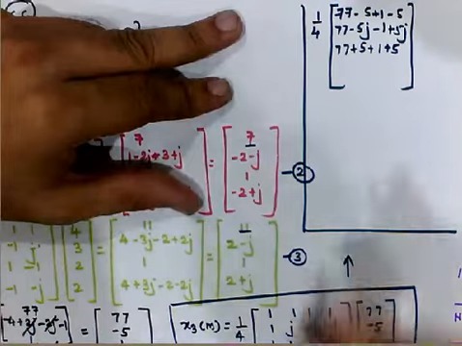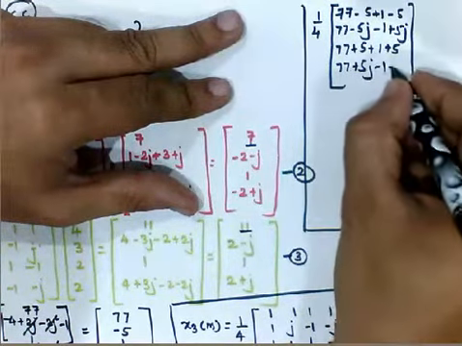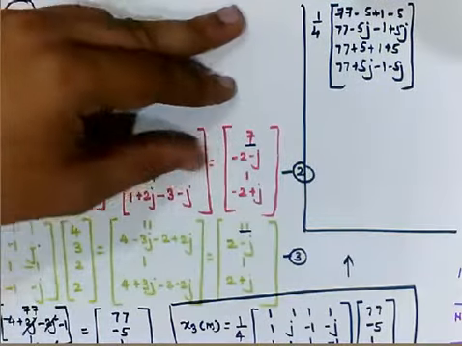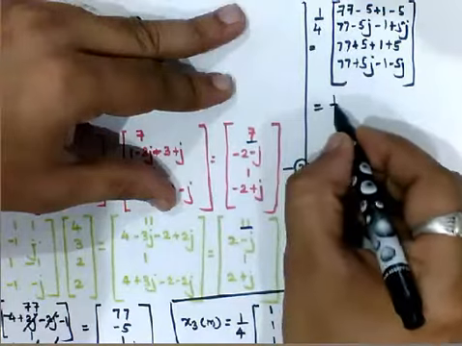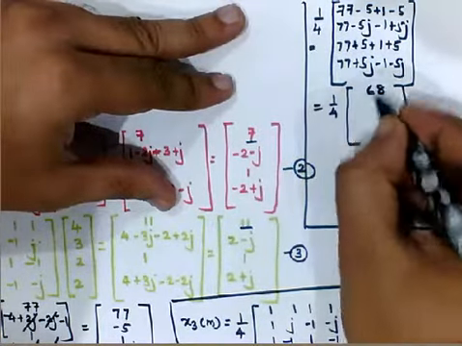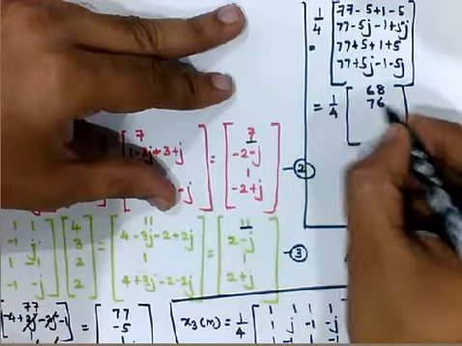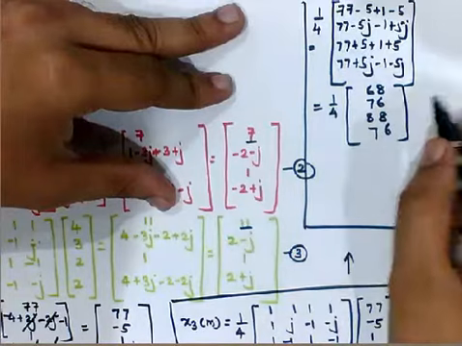And at last it is nothing but 77 plus 5j minus 1 minus 5j. So this particular term will result in 1 by 4. The values will be 68, this is 76, this is 88, and again 76.